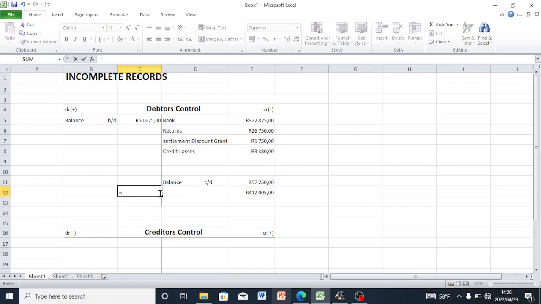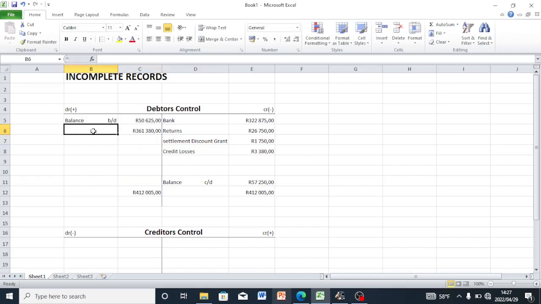So we are going to say this side is equal to this side, the greater side. 412,005 minus 50,625 is equal to 361,380.